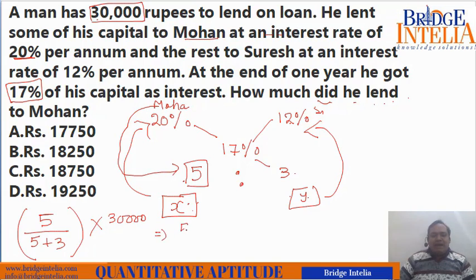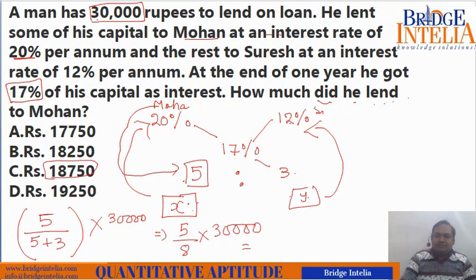So 5 by 8 into 30,000 comes out to be equal to 18,750. So 18,750 is the final answer. So let's move to the next one.